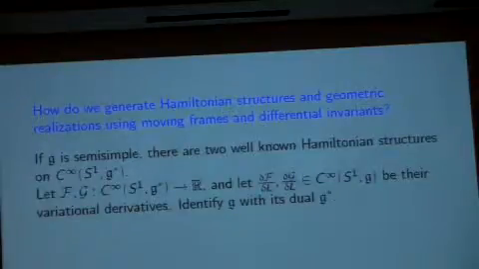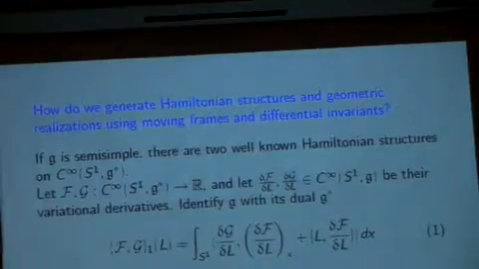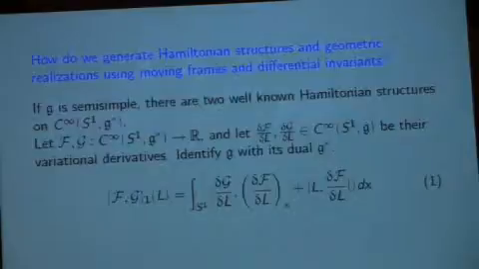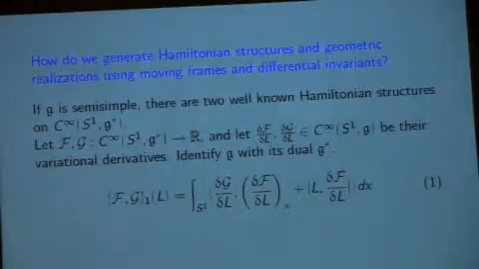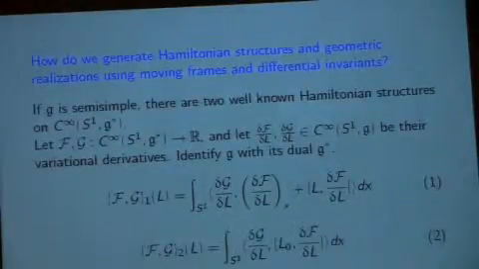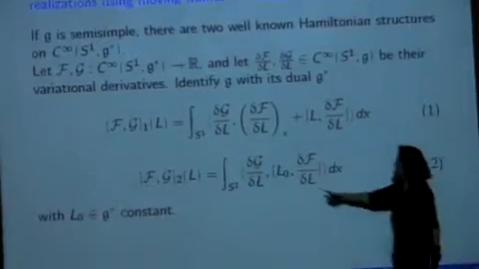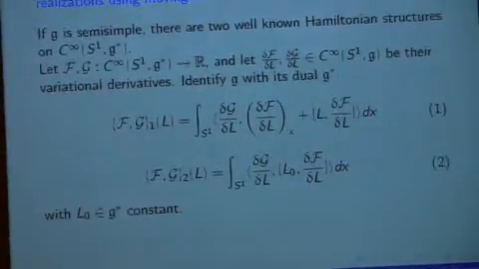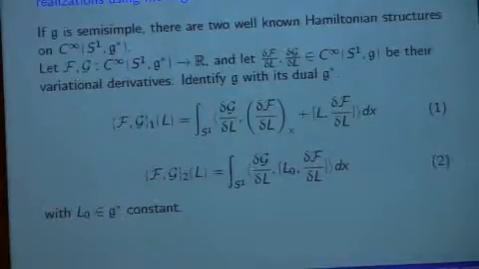And then if I identify g with this dual, what happens is that I can form this bracket, and these are well-known brackets among people that do integrable systems. And then there is another one here. This is really a family because it's for any constant element in the dual. And I'm identifying g with g star. I need that. They're semi-simple, and I can do that.